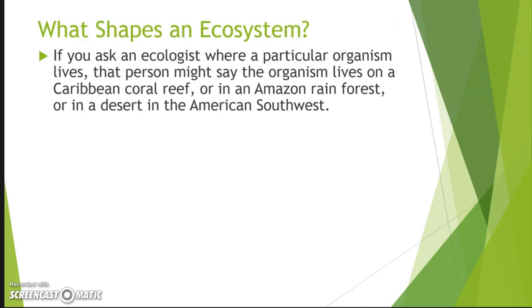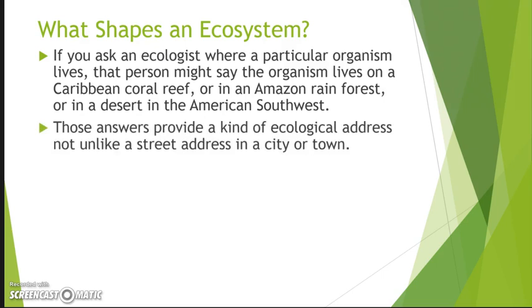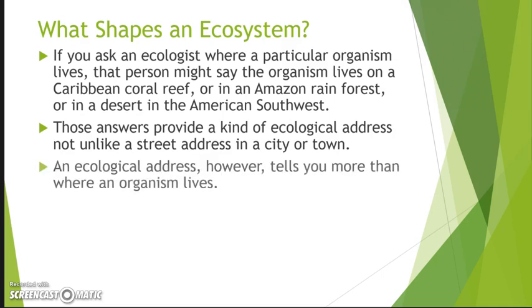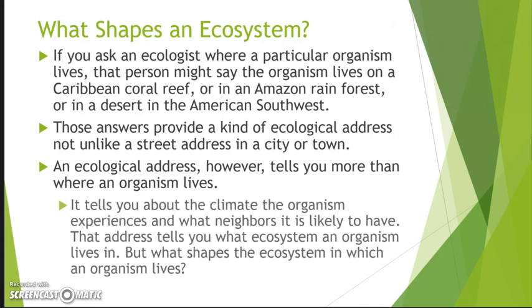Those answers provide a kind of ecological address, not unlike a street address in a city or town. An ecological address, however, tells you more than just where an organism lives. It tells you about the climate the organism experiences and what neighbors it is likely to have. That address tells you what ecosystem an organism lives in.